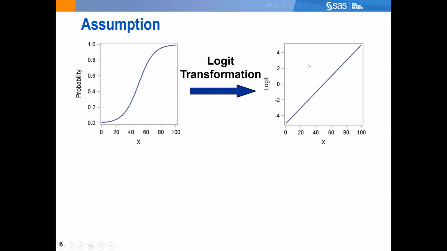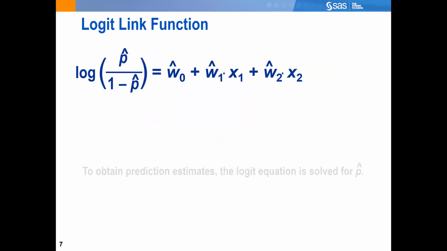Once you linearize the equation, you can interpret it very similar to what you would do in your regular OLS regression model. So we need to obtain this prediction estimate, and for that, we need to solve this logit link function for the value of p.